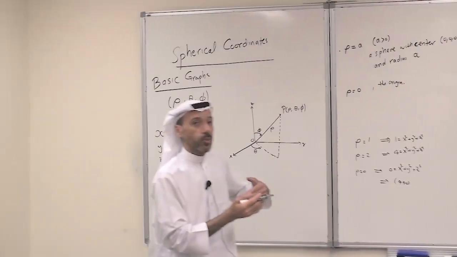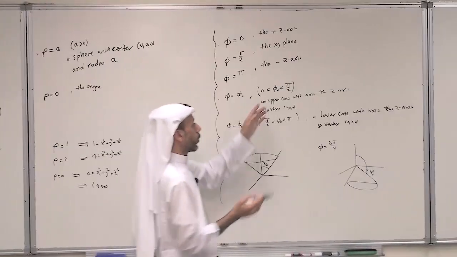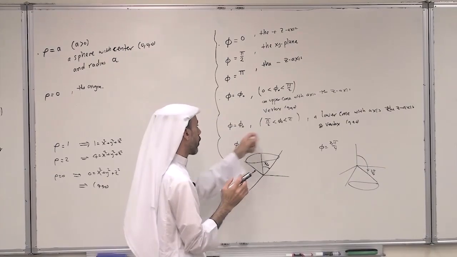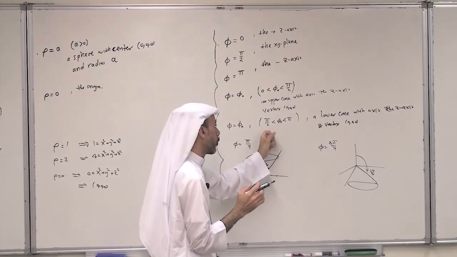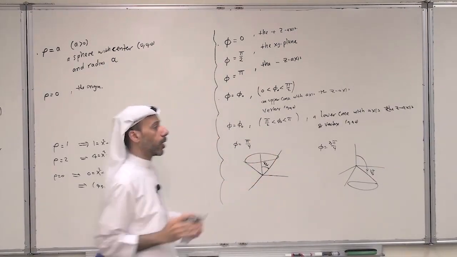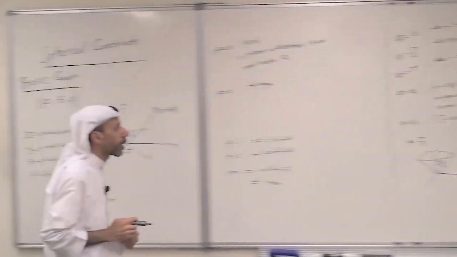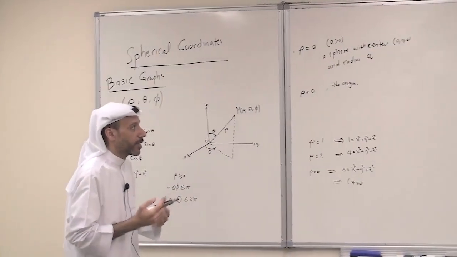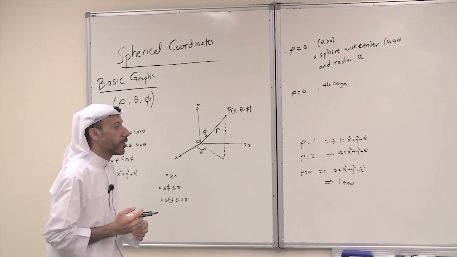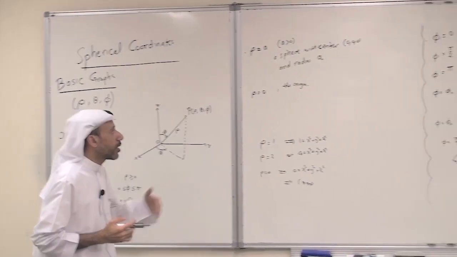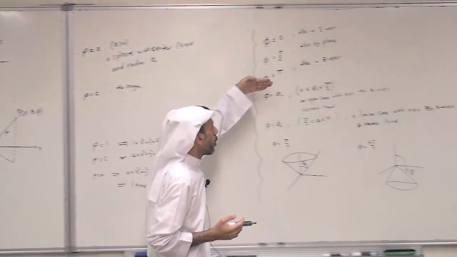So if phi is between 0 and pi over 2, I get an upper cone. If phi 0 is between pi over 2 and pi, I get a lower cone, with axis the z-axis and vertex the origin. What about if phi is greater than pi?